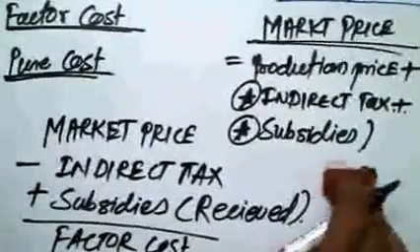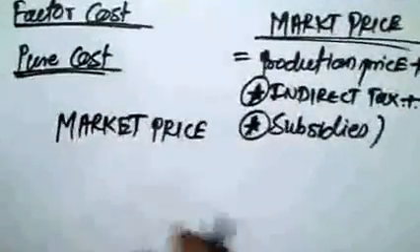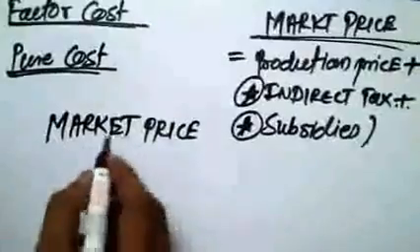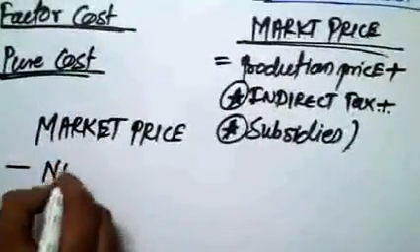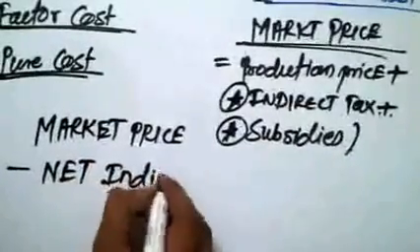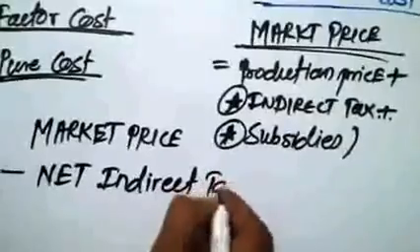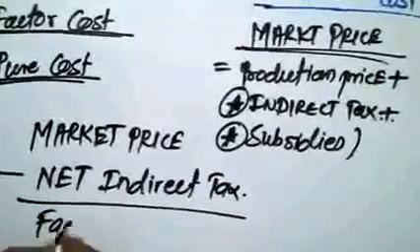Clear? Now one last thing, just for the calculation sake, from market price we can directly minus the net indirect tax and we'll get the factor cost.